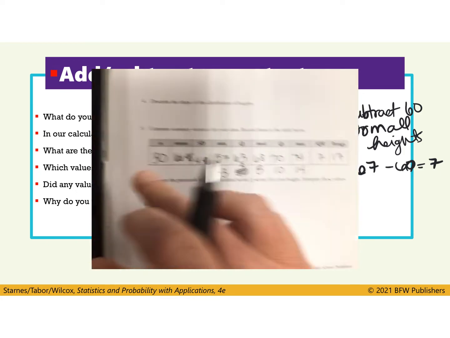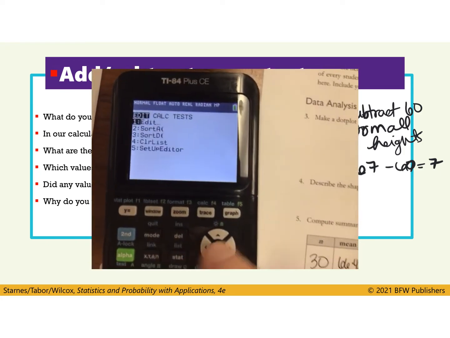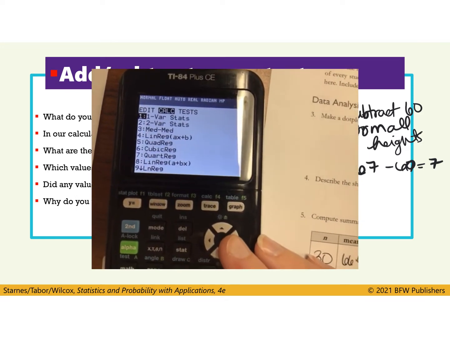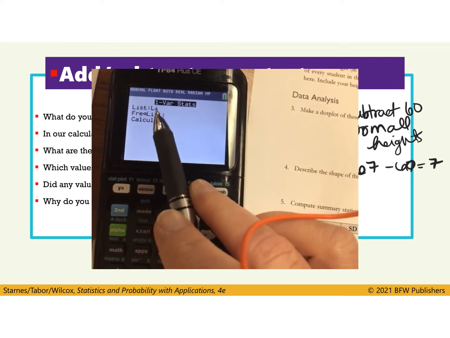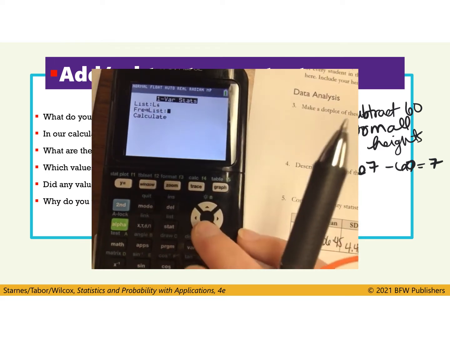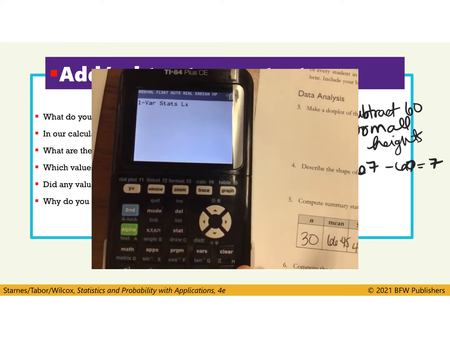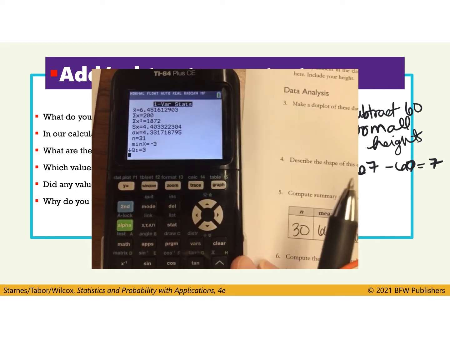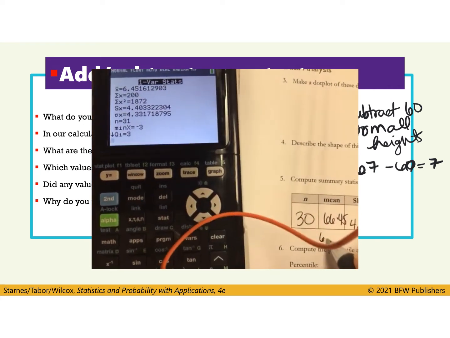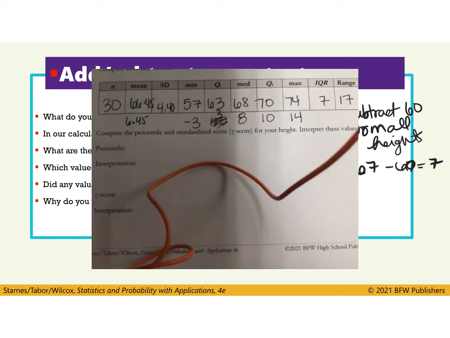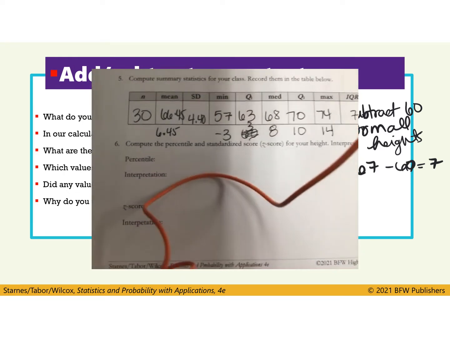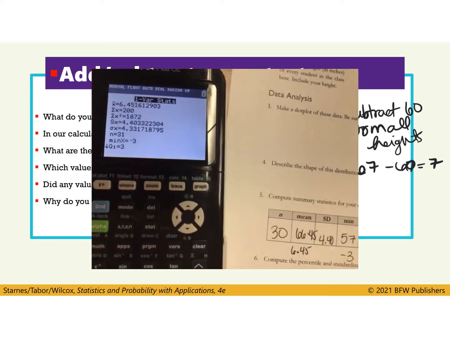Let's look at the summary statistics in the calculator. So I go to Stat Calc, one var stats. The list that I had subtracted the 60 from is in list 6, and I'm going to hit calculate. And there's my mean of 6.45, which is 66.45 minus 60. And notice the standard deviation.